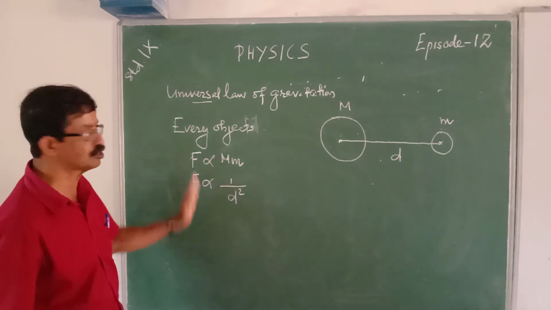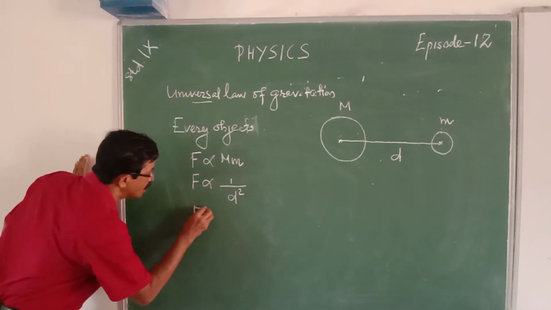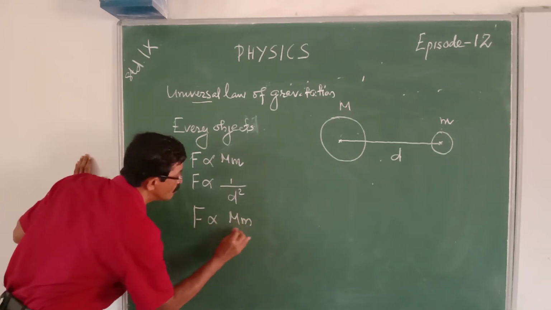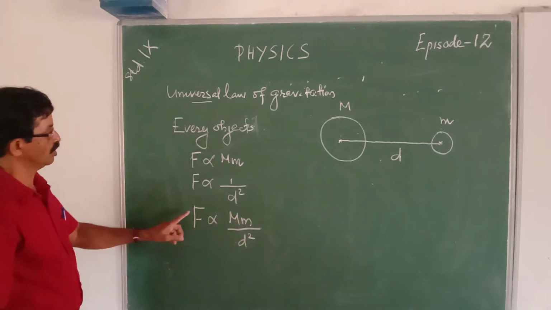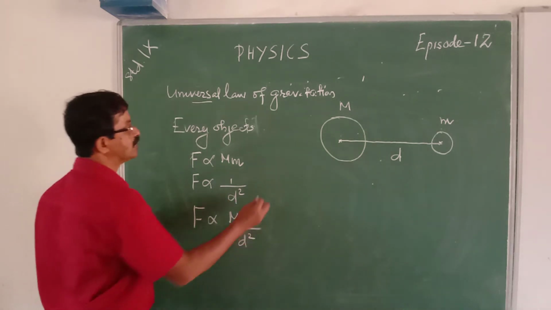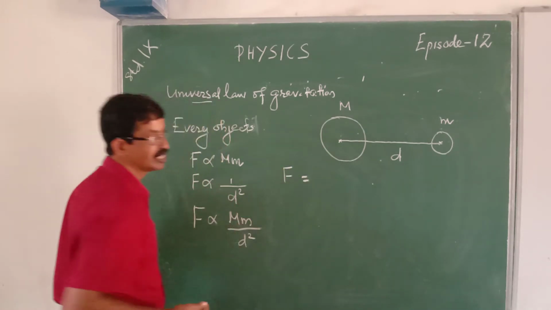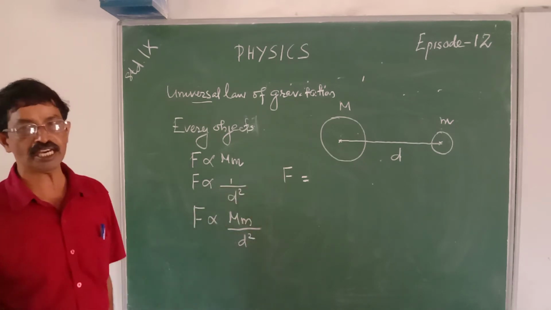So F is proportional to M m by d square. We can replace this proportionality with the equal to sign.